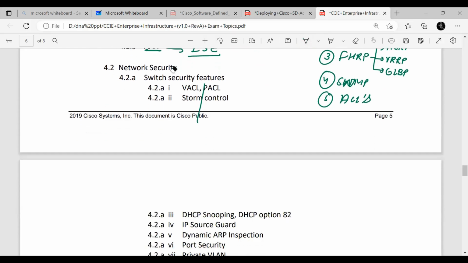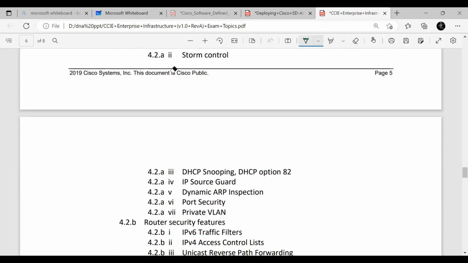Then network security, in which we have VLAN ACL and port ACL, storm control. So basically here it is talking about layer 2 security. You can see DHCP snooping, DHCP option 82, IP source guard, dynamic ARP inspection, also known as DAI, port security, and private VLAN.